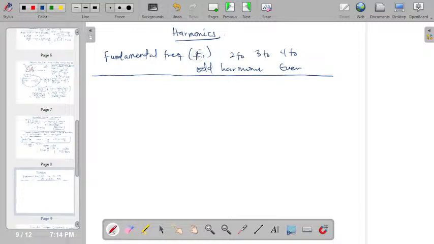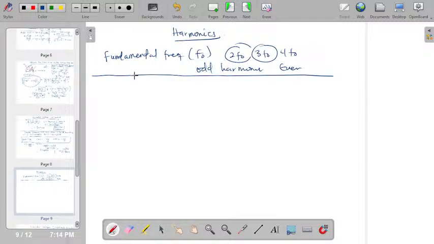Whenever you are handling such waveforms, you need to be very careful. You cannot combine a frequency of 2 F naught to 3 F naught. It's impossible. Take notes. Whenever they give you two different waveforms, where we have a frequency of two F naughts and another frequency of three F naughts, you cannot combine them. They always remain as they are.